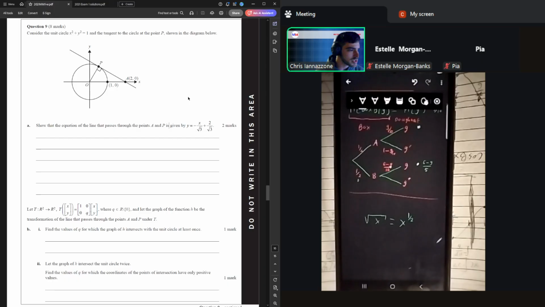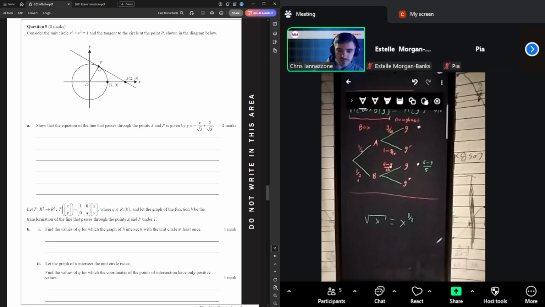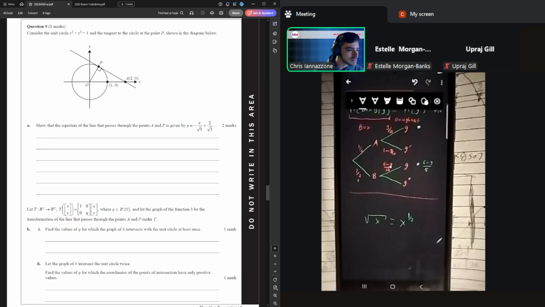When you're trying to show that the equation is a particular thing, what you're trying to do instead is create the equation, rather than subbing in points and then testing that the equation is valid. Now, real world scenario, if you want to quickly check your equation is working out well enough, then for sure, just shove in some points that exist on the curve, and that should be fine.